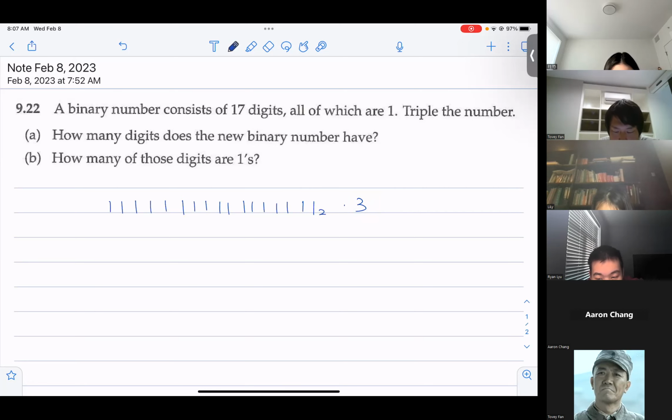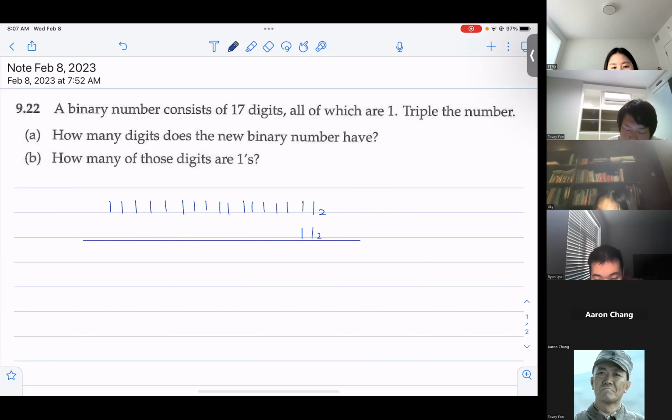So 3 in base 2 is just 2 plus 1, so 1, 1, right? Okay, 1, 1 in base 2. So 1, 1, 0, 1, 1. Okay, so we do this. You just need to do a long multiplication. That's one way to do it.